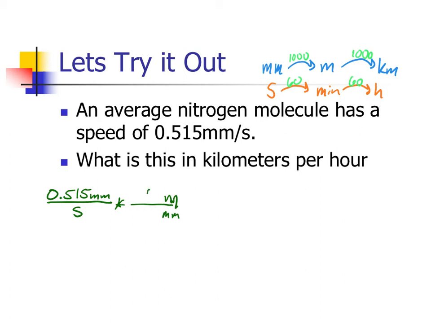Now here, a meter is bigger than a millimeter. How many times bigger? Well, it is 1,000 times bigger. Now that we have millimeters rationed out to 1 or equal to done out, I can convert my meters, my new given, to my new want, and then I see that again, kilometers is going to be bigger.